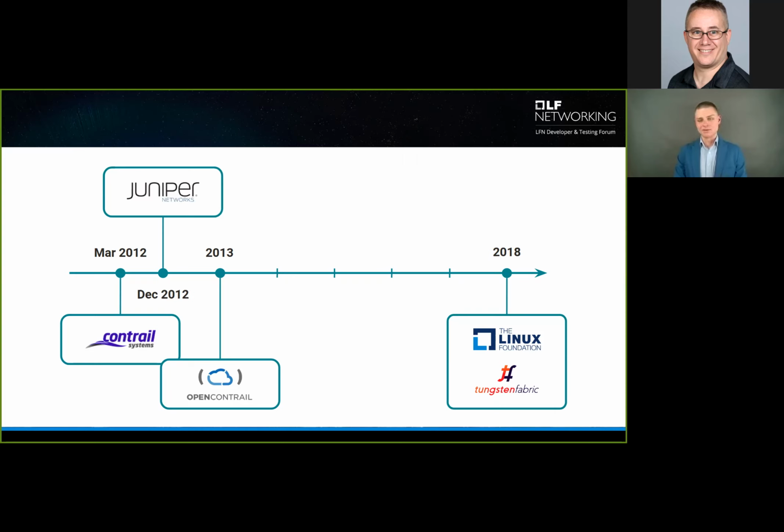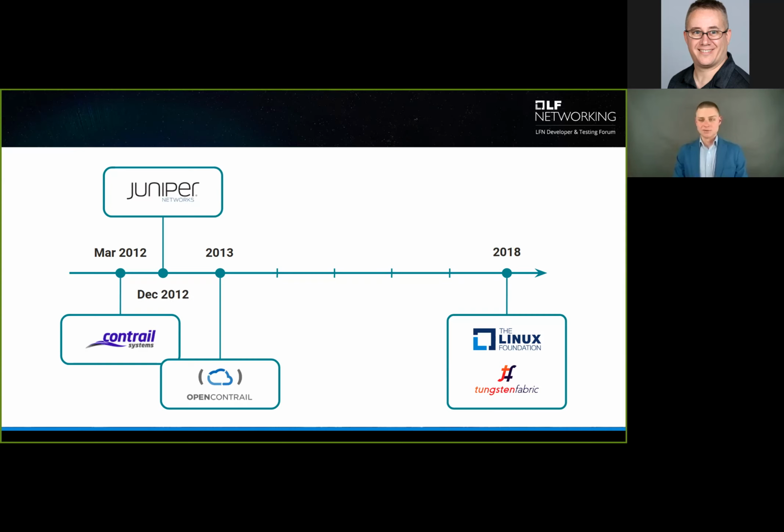Then in December 2012, Juniper Networks bought this startup and started developing Contrail on their own. In 2013, Juniper released most of the code under the name OpenContrail, which was open source but still developed by Juniper Networks. Then OpenContrail transformed into Tungsten Fabric under the Linux Foundation, and this is the product that we know today. So this is a pretty long history with this product.